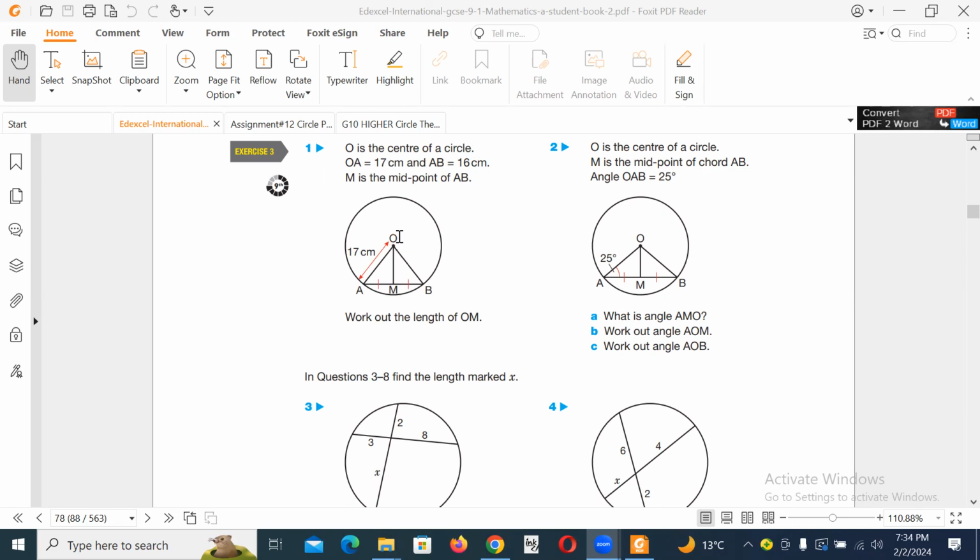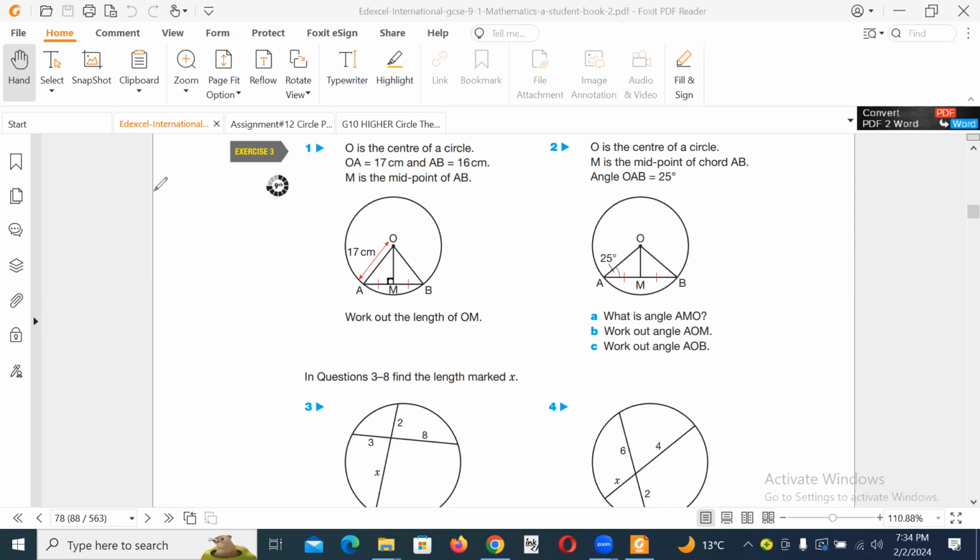As you can see in the shape, OA is 17, and this length is opposite the right angle at M. It means this is the hypotenuse, the longest side. OM is perpendicular, AM is the adjacent side, but they mention AB.